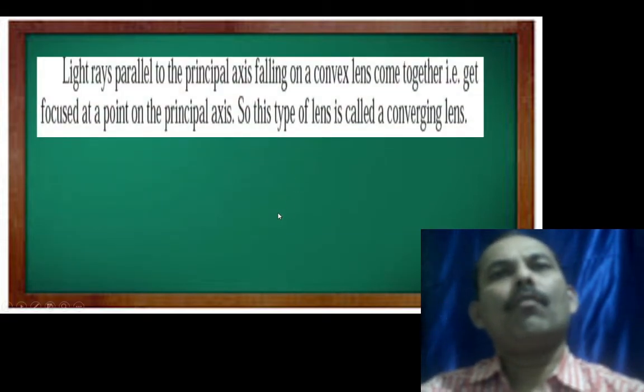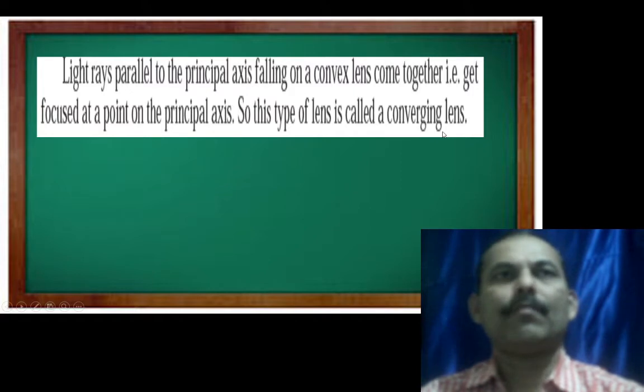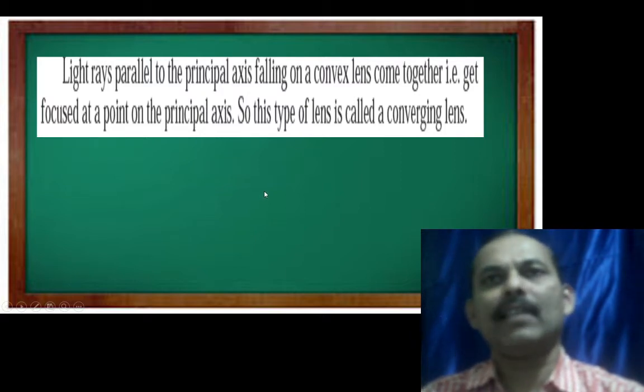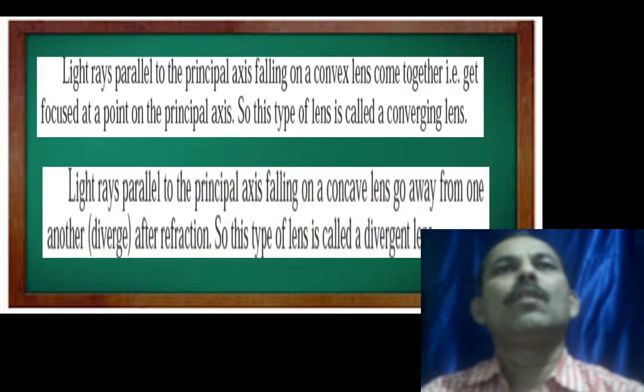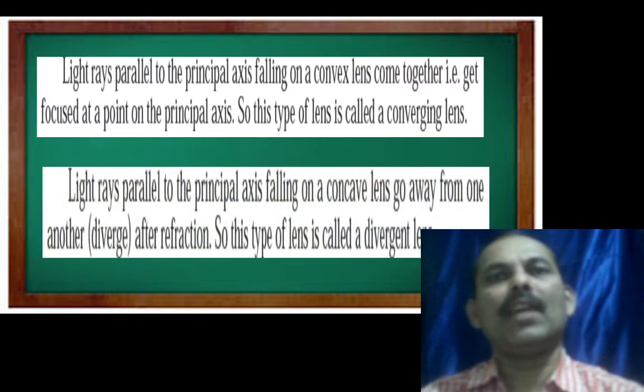Then why is the convex lens called a converging lens? The light rays parallel to the principal axis falling on a convex lens come together, that is, get focused at a point on the principal axis. So this type of lens is called a converging lens.